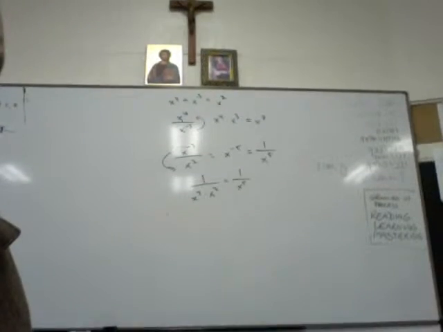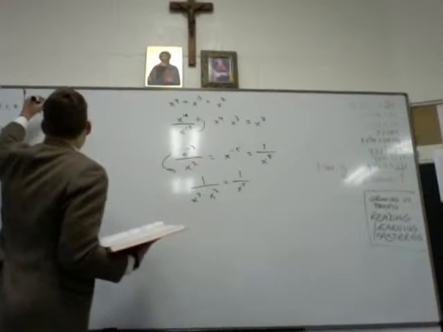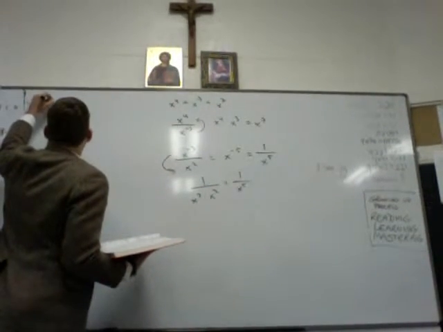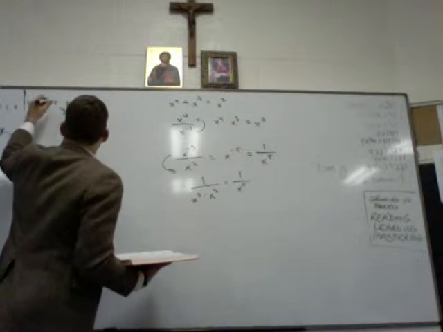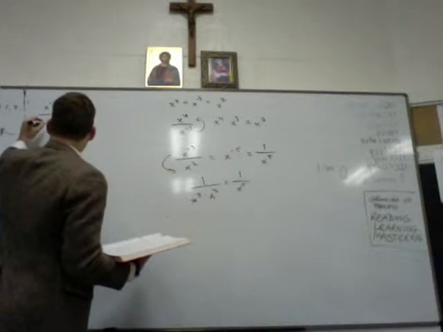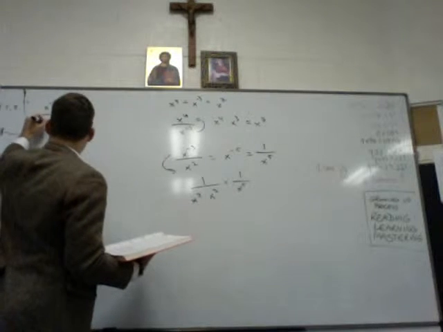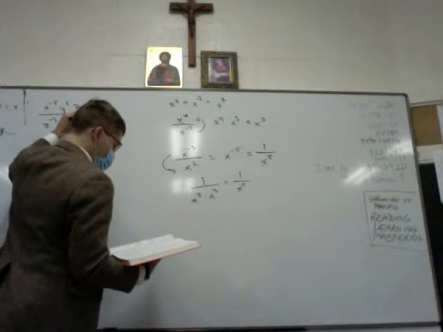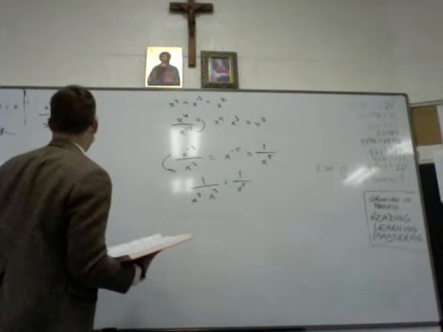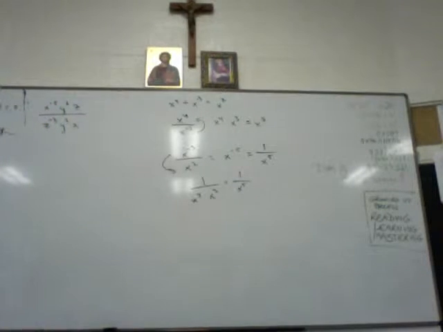They give us x to the negative 5, y to the 6th, z over z to the negative 3, y squared, x to the 7, x to the 1. Okay, they say simplify this.